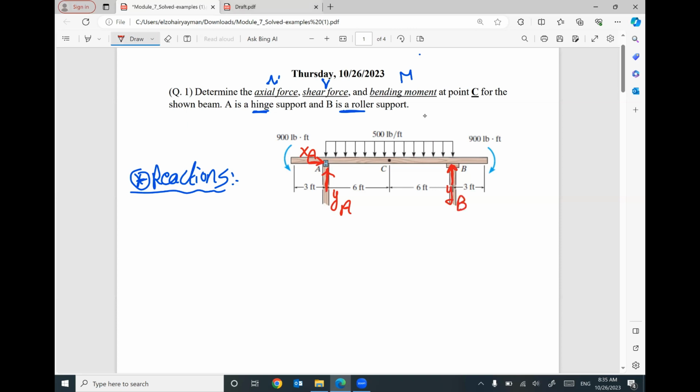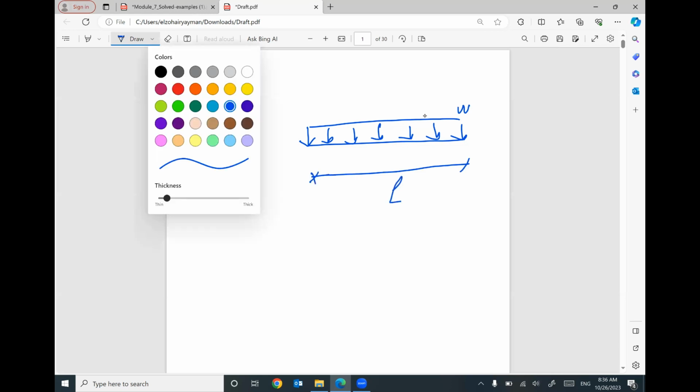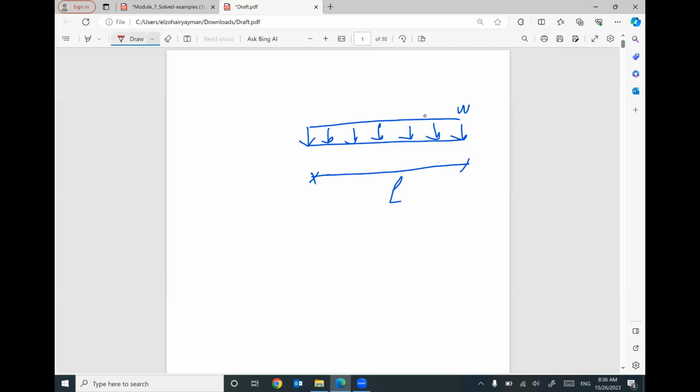If you remember in module number 5, I think, we covered uniform distributed load. Do you remember that? If we have uniform distributed load with a value W, and the total length of this distributed load equal L, I will convert this distributed load to an equivalent force at the centroid of this rectangle.